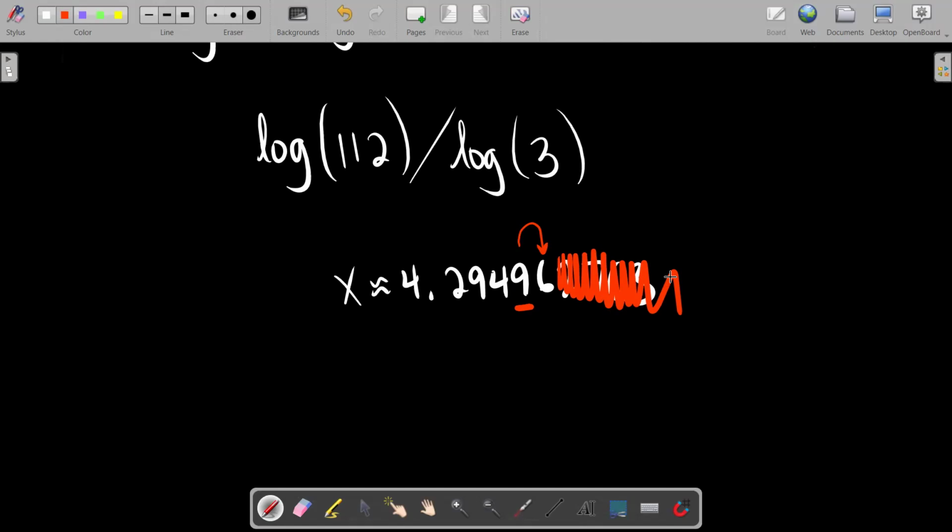And when you can't hold a 10, we only have 9 digits in our system, 10 requires 2 places, right? So we say that our answer x is approximately equal to 4.2950. That 9 going up to a 10 caused us to require another decimal place, right?